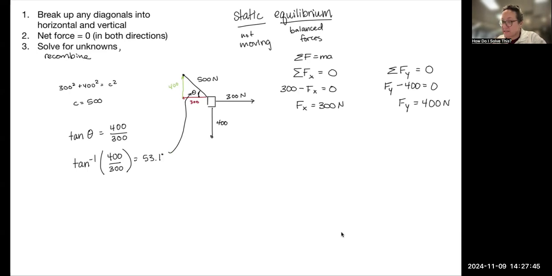All right, let's take a step up. What if one of those forces that we know was also at an angle? So let's say I have a 100 Newton force down and a 100 Newton force here at an angle of 45 degrees to the horizontal.